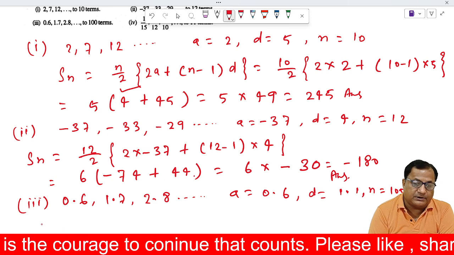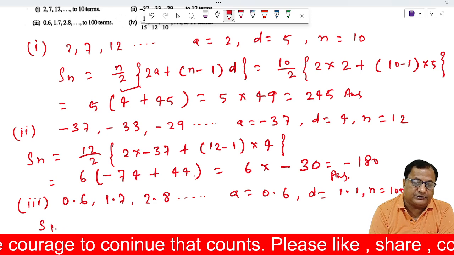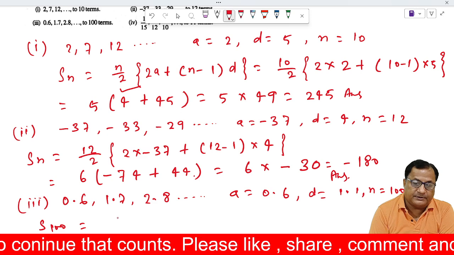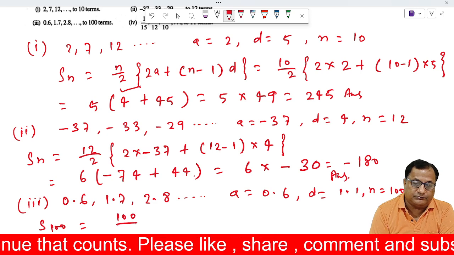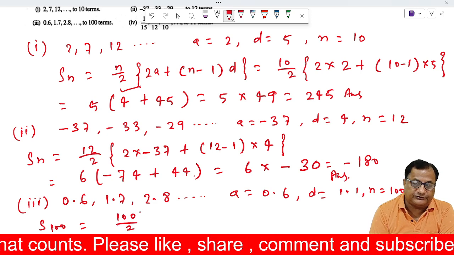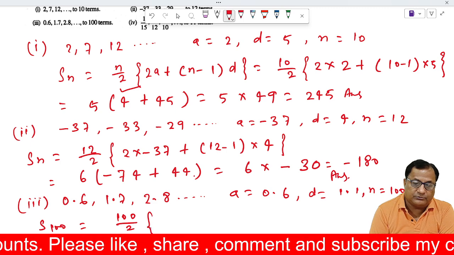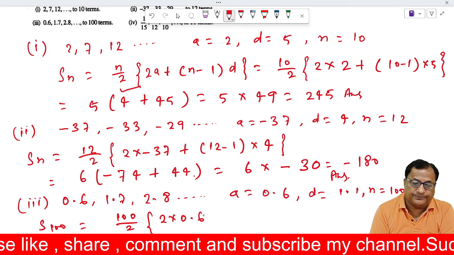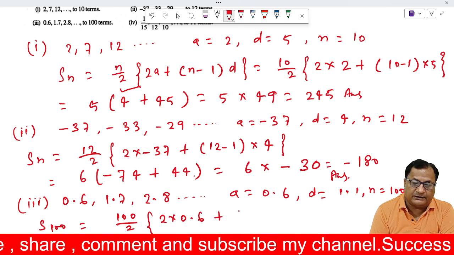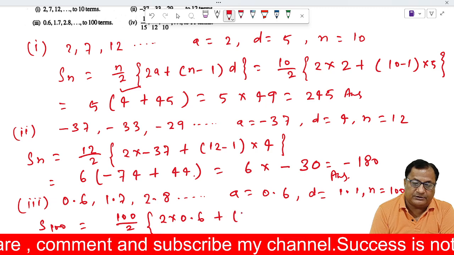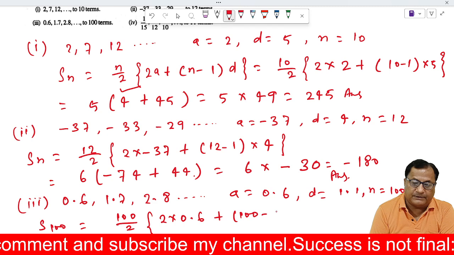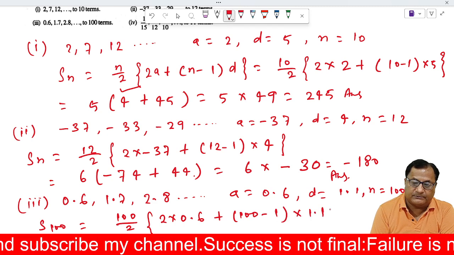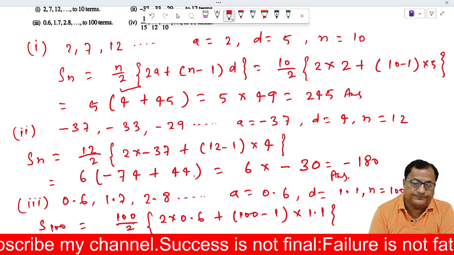So S100 will be 100 by 2, using the sum formula only. 2a, 2 into 0.6, plus n, which is 100, minus 1, into d, which is 1.1.